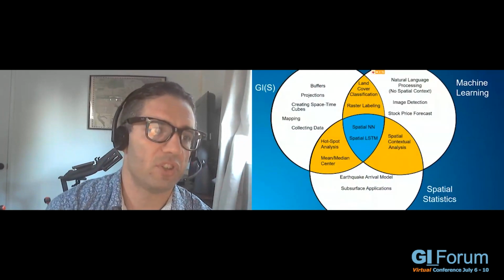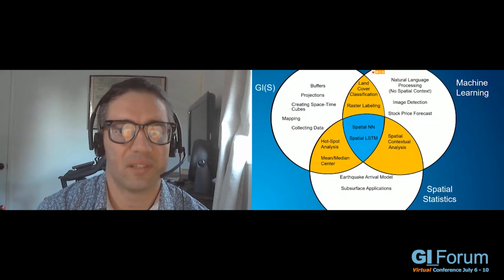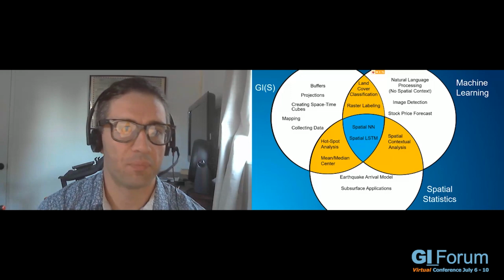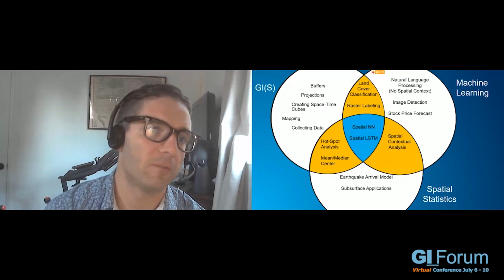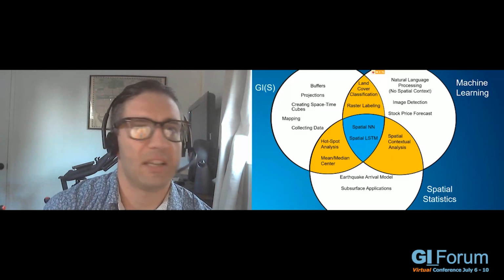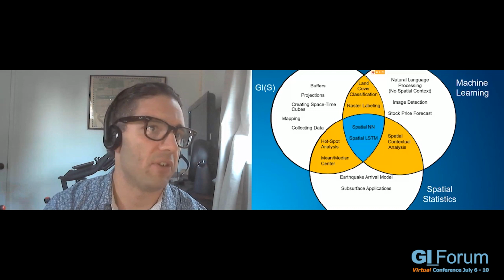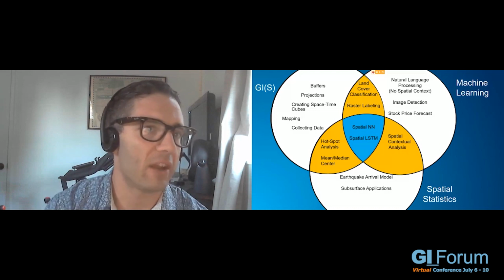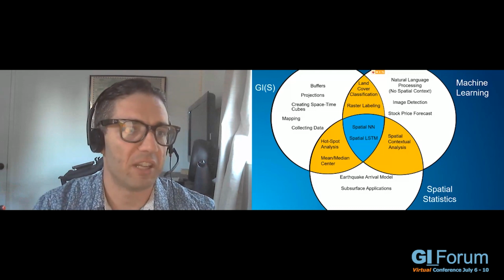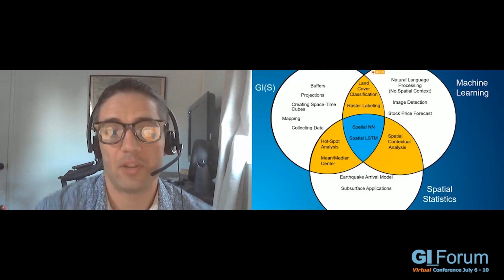And just to put a couple of examples on these intersections, the kind of problems that you can solve. I just want to talk about the intersections here. As I said, land cover classification, raster labeling is a growing and also very well-defined intersection of GIS and machine learning in the spatial data science realm.